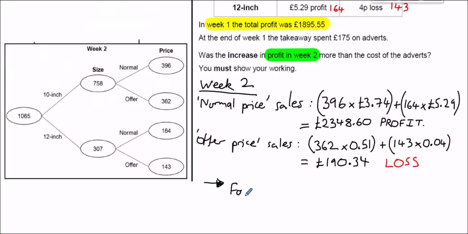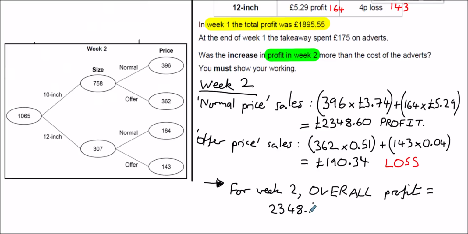And so for week 2, we can work out the overall profit by doing the profit from the normal sales, take away the losses. So the overall profit will be £2,348.60 minus the loss of £190.34.